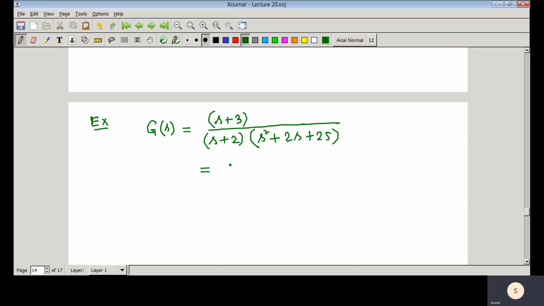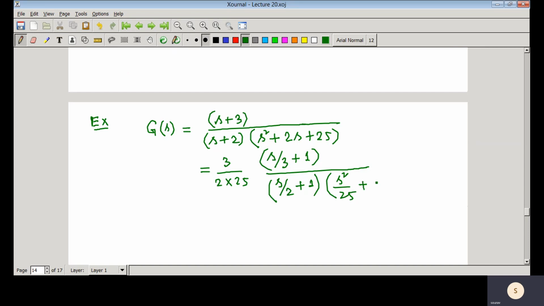So the first step would be taking the common factor, 2 into 25. Then we have s by 3 plus 1 in the numerator, and below we have s by 2 plus 1, and here we have s square by 25 plus 2 by 25 s plus 1.